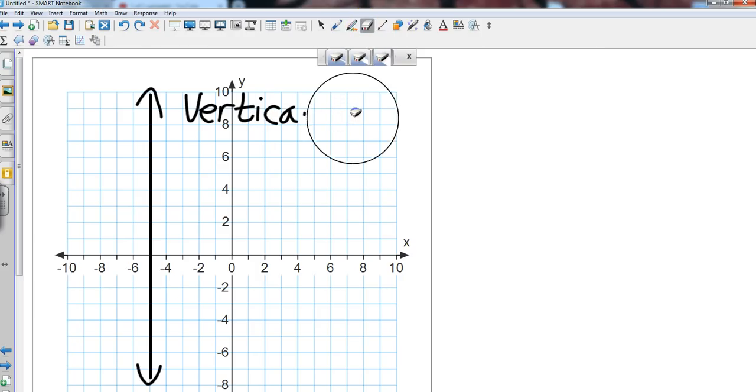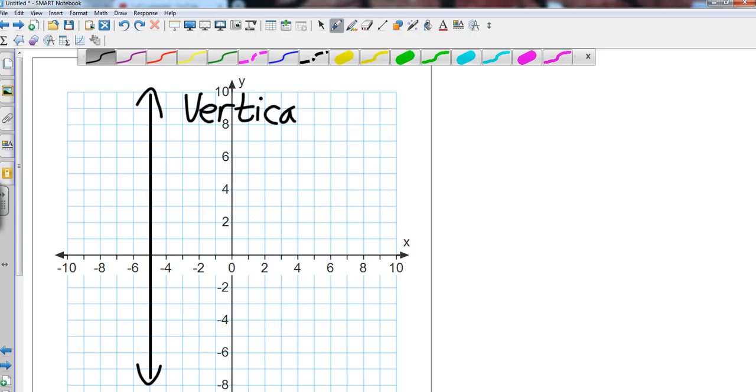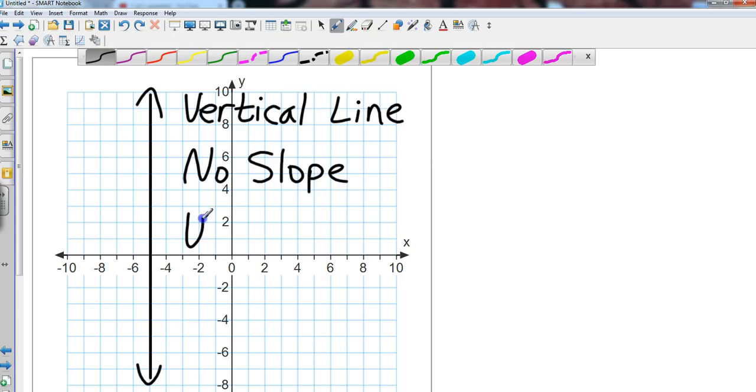Vertical line has no slope. It is also referred to as undefined. Okay, no slope or undefined.